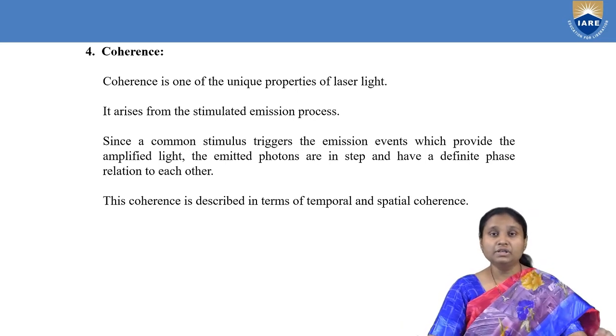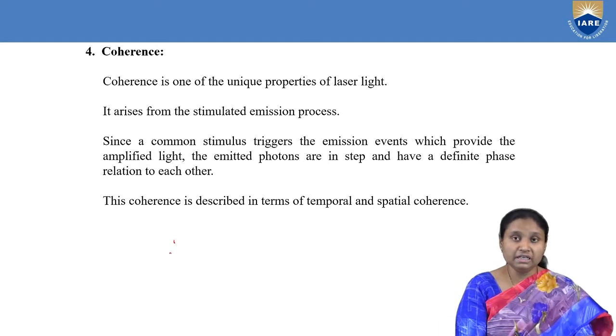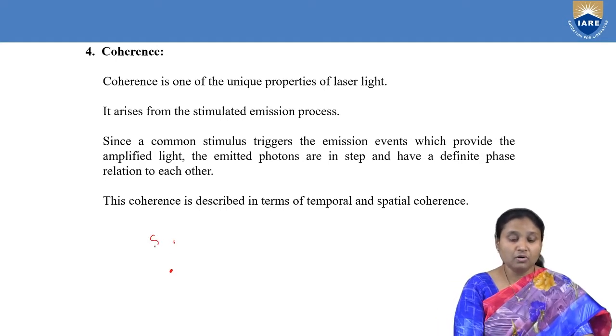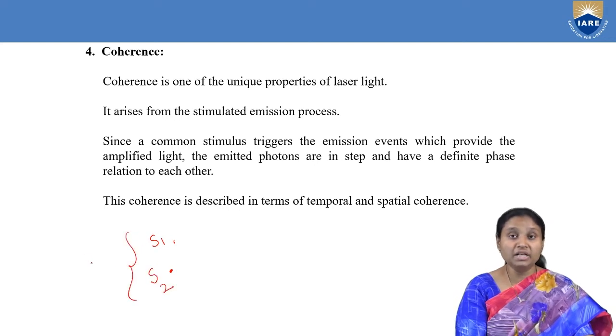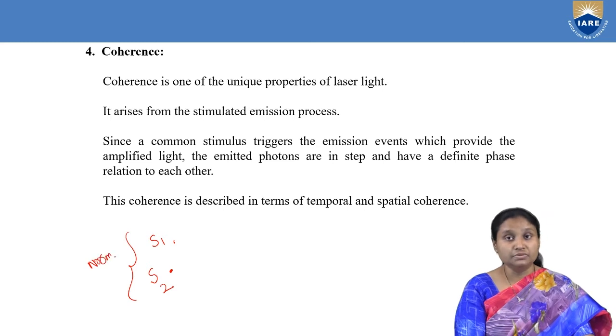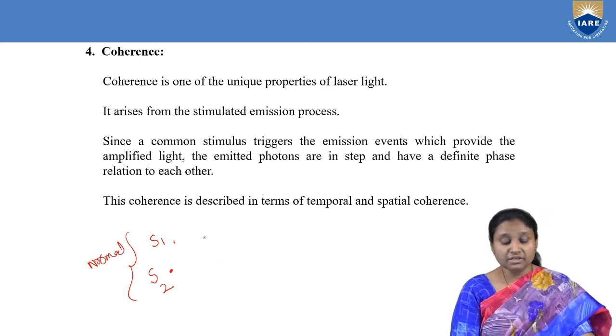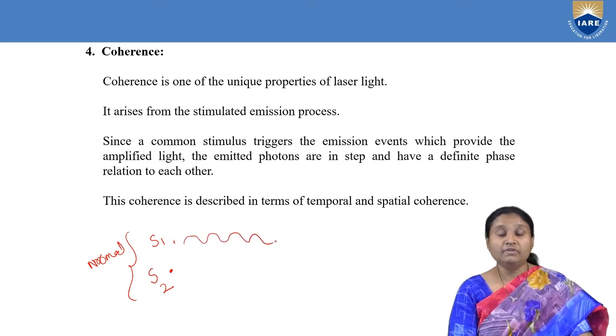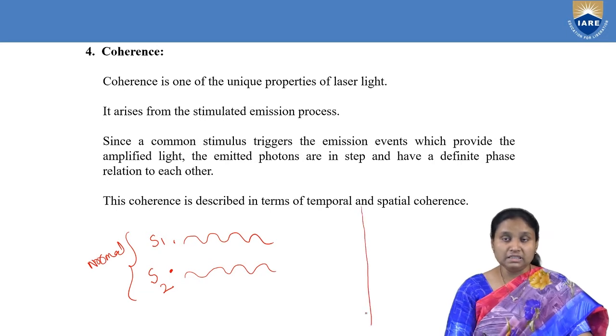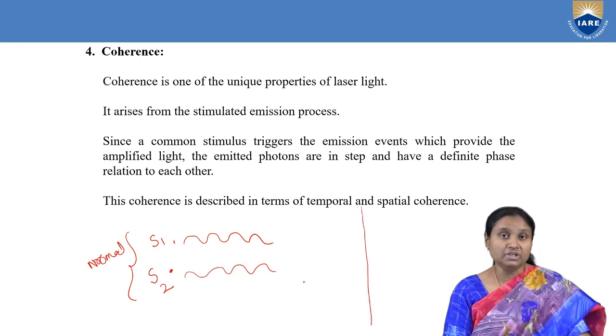According to him, if we take two different light sources, suppose I call them S1 and S2, and these are normal or conventional light sources, and I consider light waves coming from these two sources, one light wave from S1 and another from S2, and I make these two light waves overlap, superimpose, and look at the screen, then I'll observe that no interference fringes are formed.